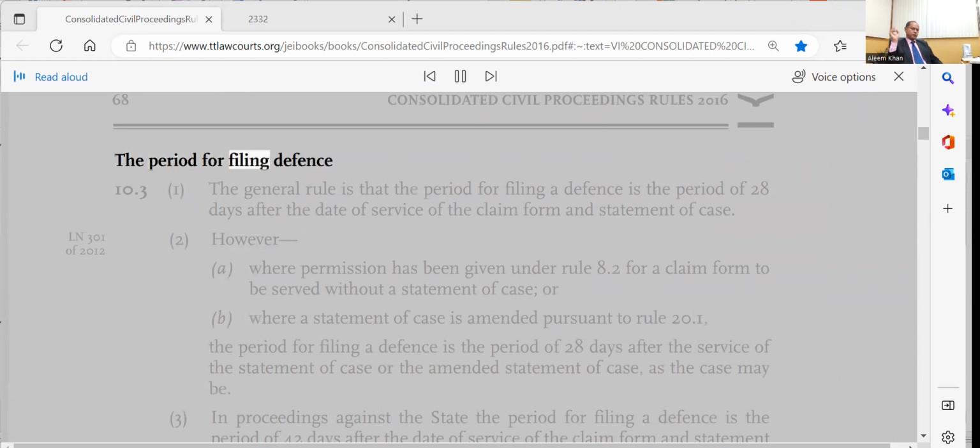The period for filing defense. 10.3 1. The general rule is that the period for filing a defense is the period of 28 days after the date of service of the claim form and statement of case. 2.